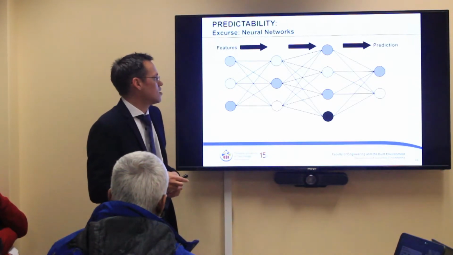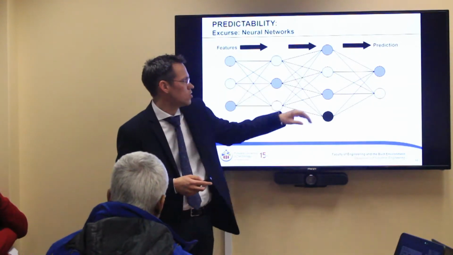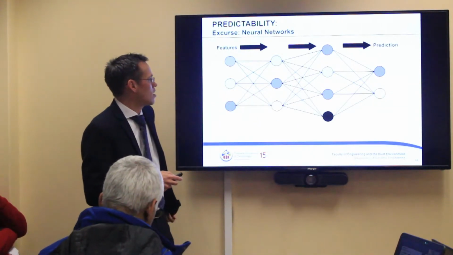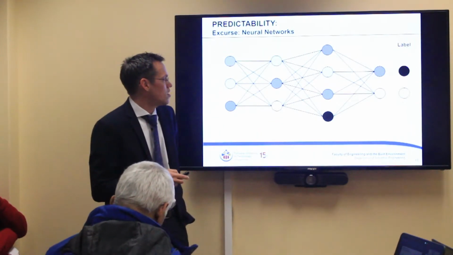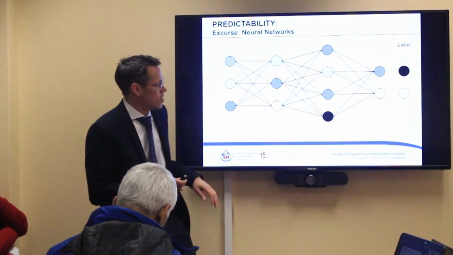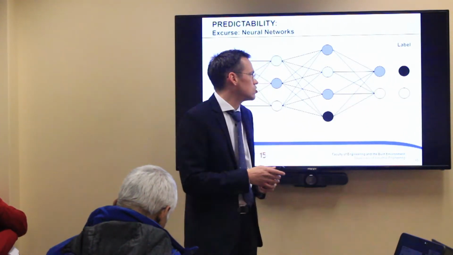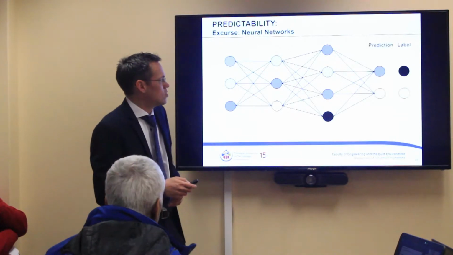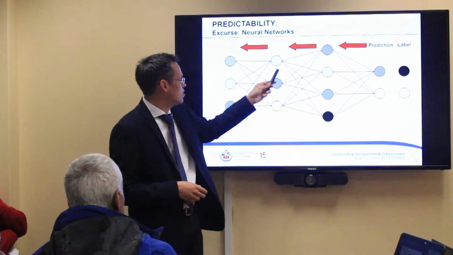So the learning mechanism of a neural network is solely the weight adjustment of those connections. When the neural network derives a prediction, it will then look at a so-called label and make a comparison of the label to its prediction, and it will then calculate back the prediction error and adjust its weights.